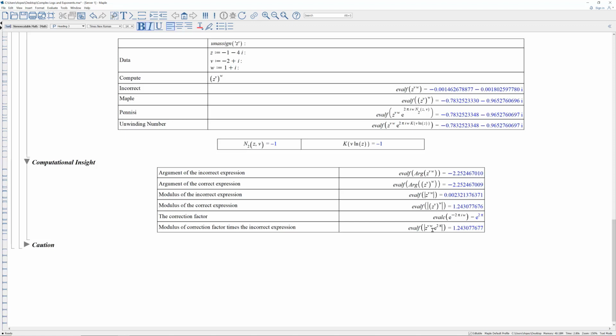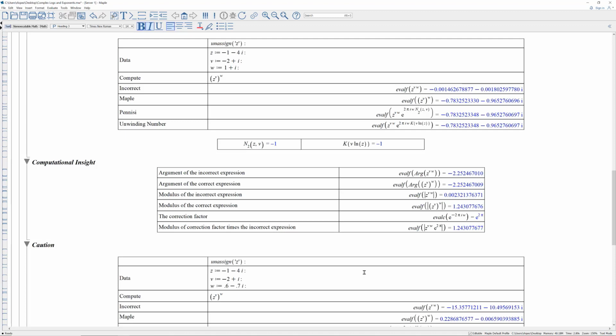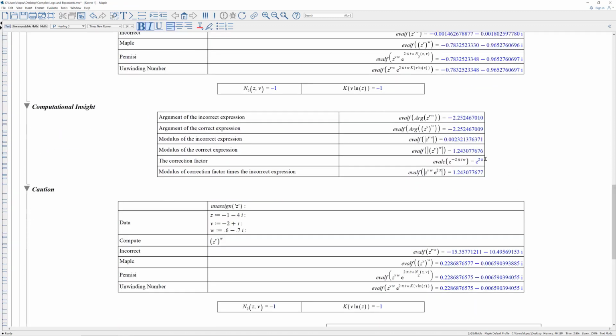And if we do it incorrectly, we'll put in that correction factor, e to the 2 pi, take the modulus, and the modulus here agrees with the modulus here. The question is, why does that correction factor turn out to be e to the 2 pi so nice? It's because of the w we picked.